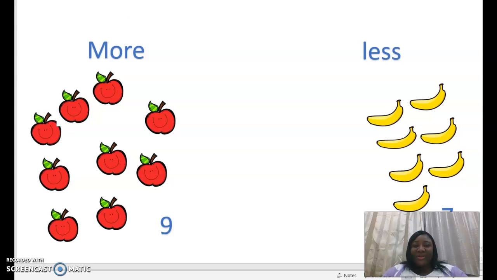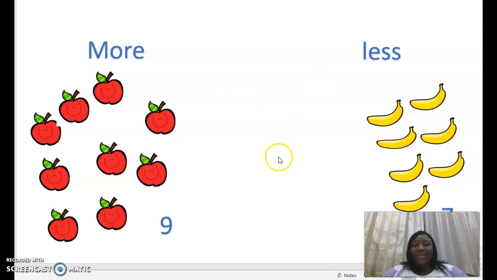I have put on the screen here a group of apples, and on my right screen a group of bananas. If my teacher has asked me to tell which is more or which is less, there is just one way to do that.